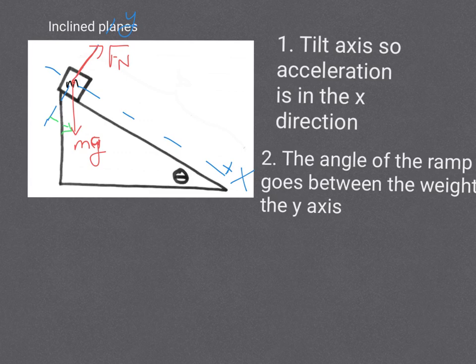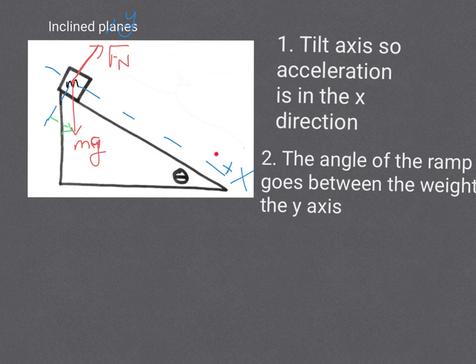The next thing that we have to take into consideration is that angle. All right, that angle theta is going to be the same angle that goes here between the weight and the y-axis. All right, there's geometry that can go ahead and prove that. If you are curious, you can ask me how that works out or figure it out for yourself.